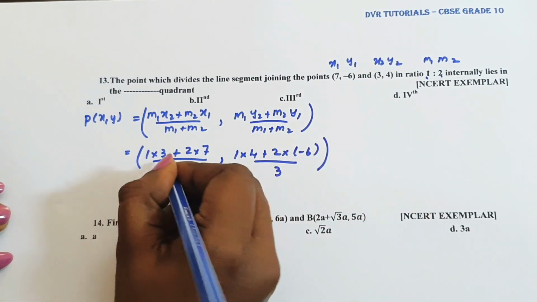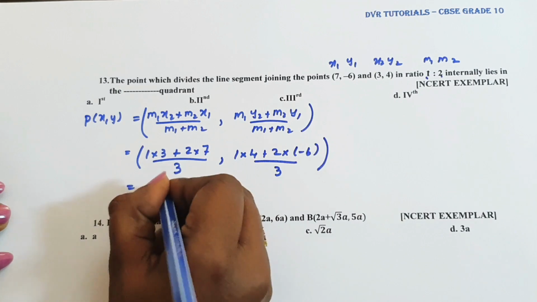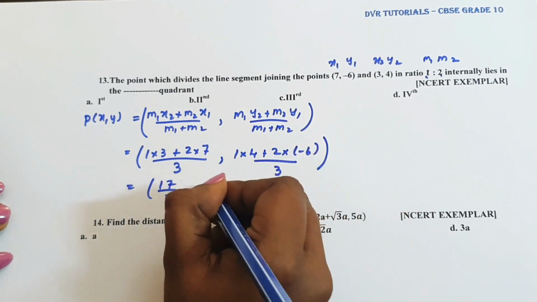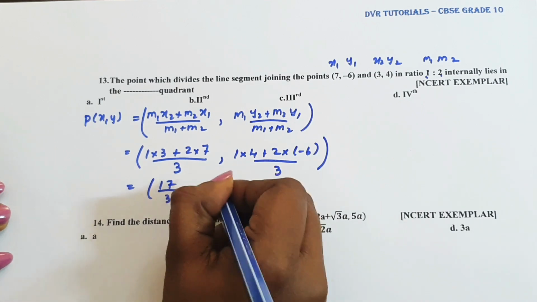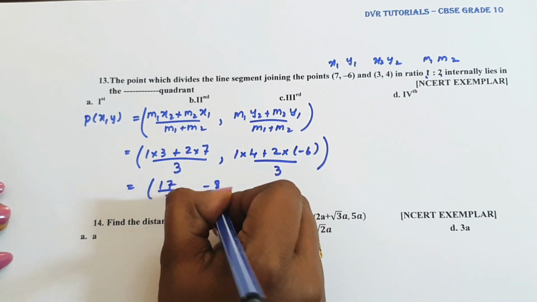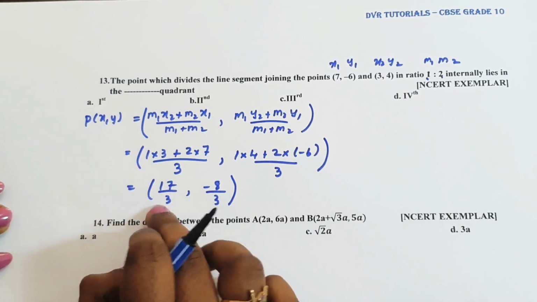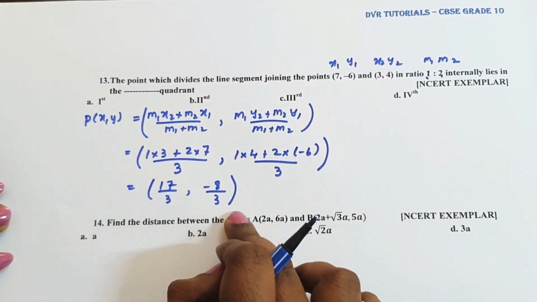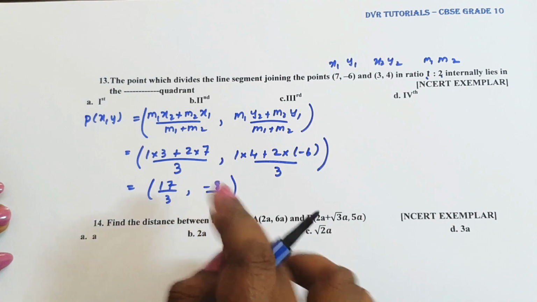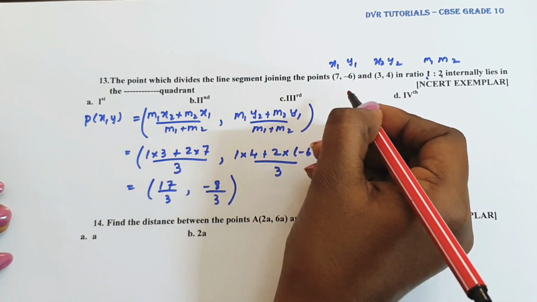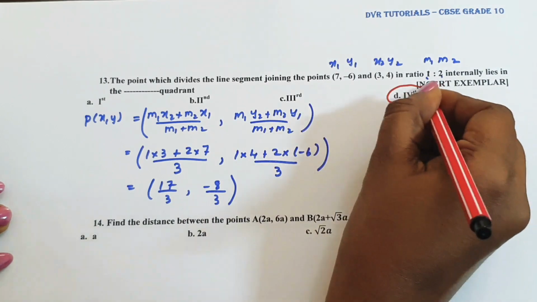Now that is equal to 14 plus 3, 17 by 3, and 4 minus 12, which is -8 by 3. Okay, now which quadrant is it lying in? Is it in the first quadrant, second quadrant, third, or the fourth quadrant? Our x value is positive, y value is negative. And which quadrant is it? It is nothing but the fourth quadrant.